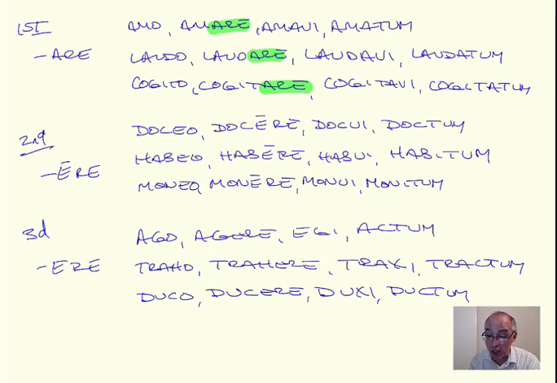-Are is the first conjugation. Long -ere is the second conjugation. And a short -ere is the third conjugation. Let's look at the present tense. I'm going to draw a line here just so I make sure to leave myself enough room.